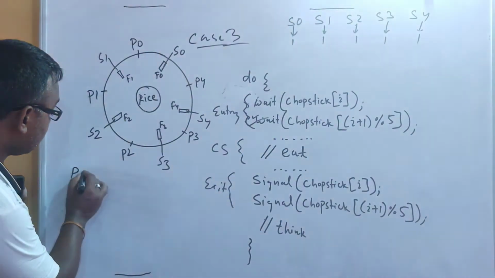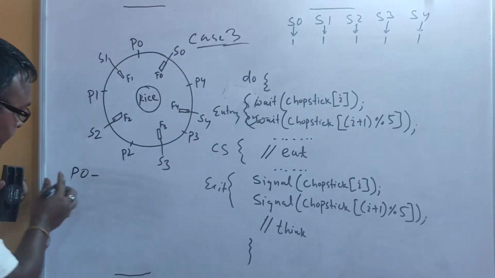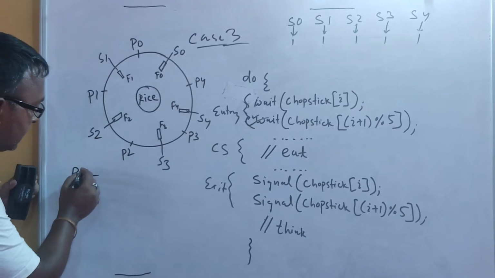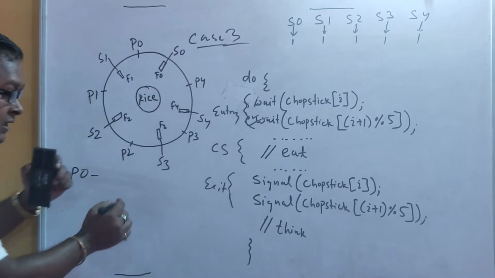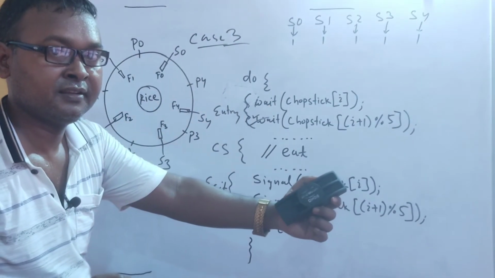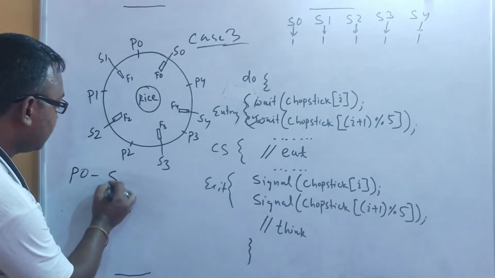Philosopher P0 comes and wants to access the resource. P0 picks the left hand side resource, that means S0.